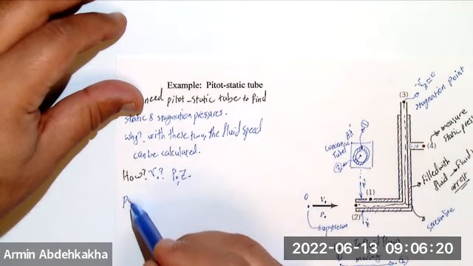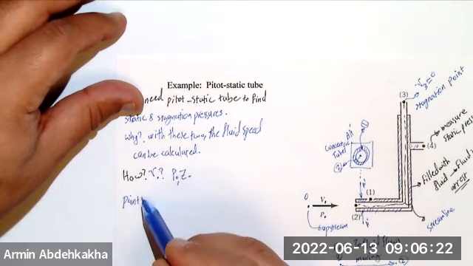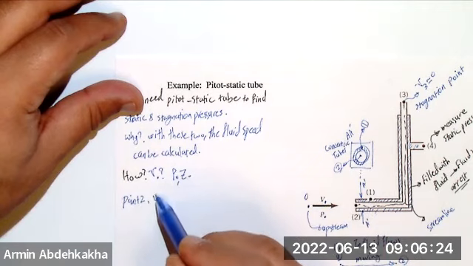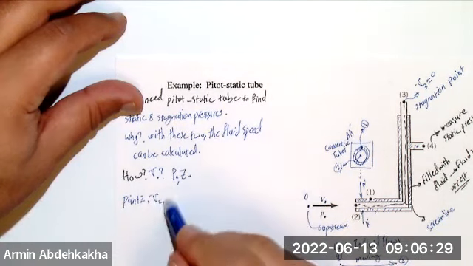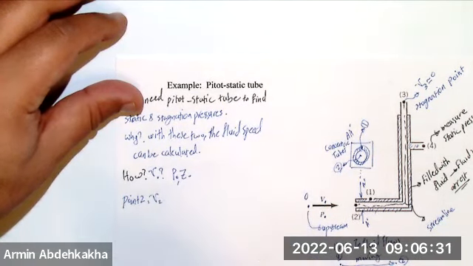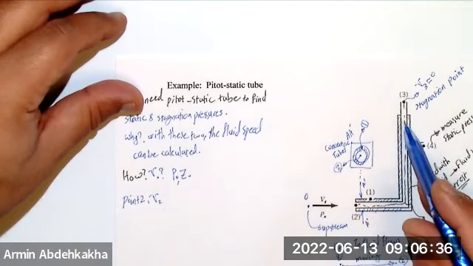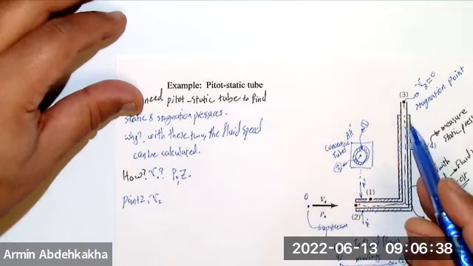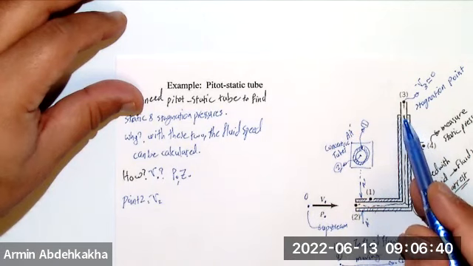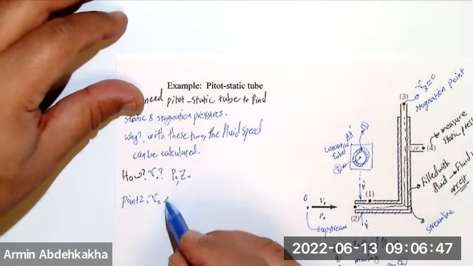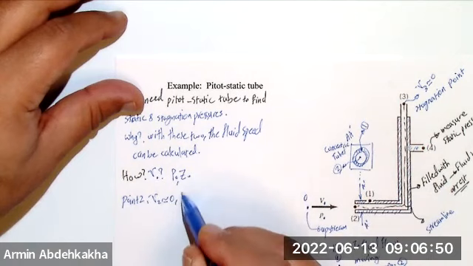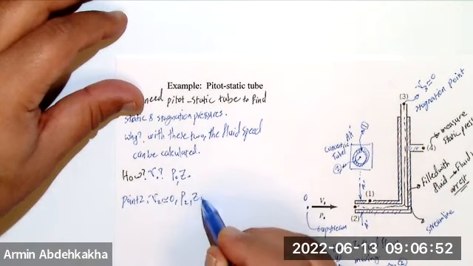At point 2, we have V2, which is almost equal to 0, because the flow comes here and all these points are going to stop here and it's not coming up anymore. So the velocity at point 3 is 0 and also the velocity at point 2 is almost 0. We have P2 and Z2.